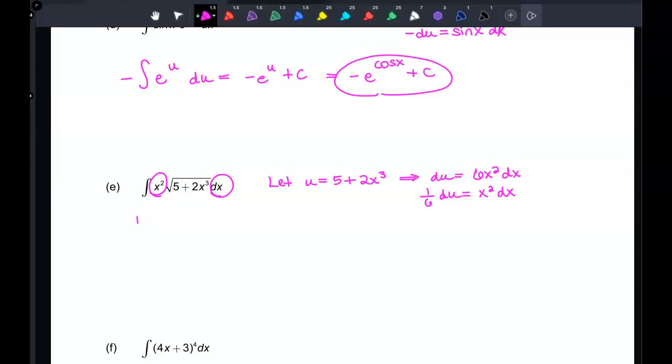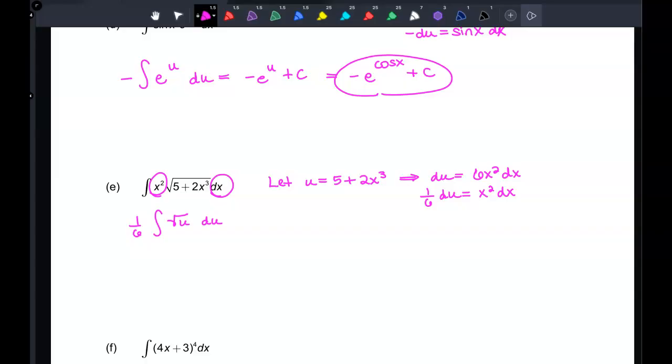I just like to put it in the front, but by all means, make it du over 6. Especially when we get to the next lesson where we actually have to start plugging in values, it's so much easier to just plug into square root of u and then deal with the 1/6 later. Does that make sense? So I automatically move the coefficients to the front. We should end up with the same answer.